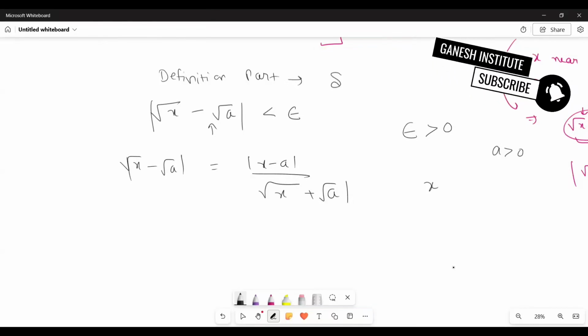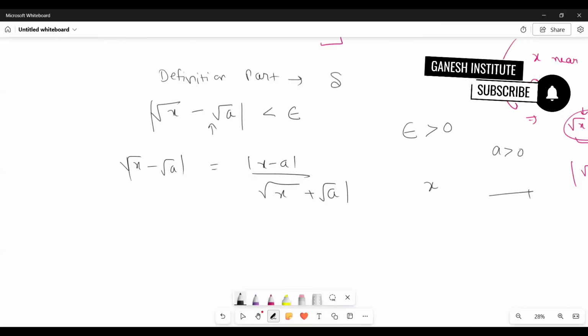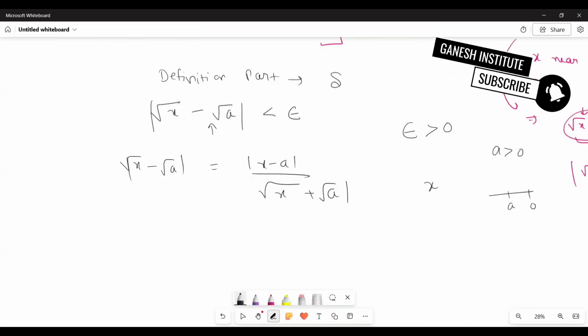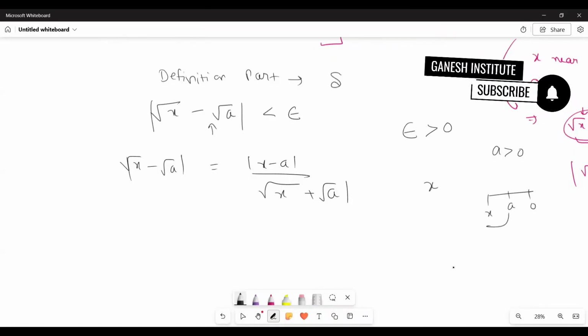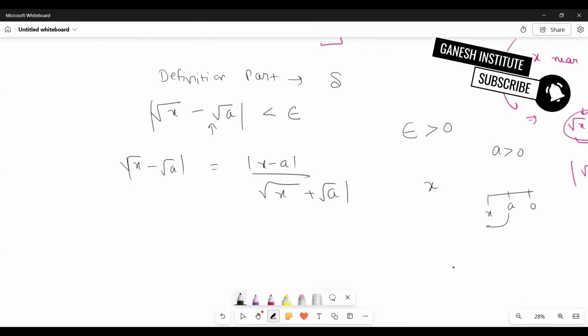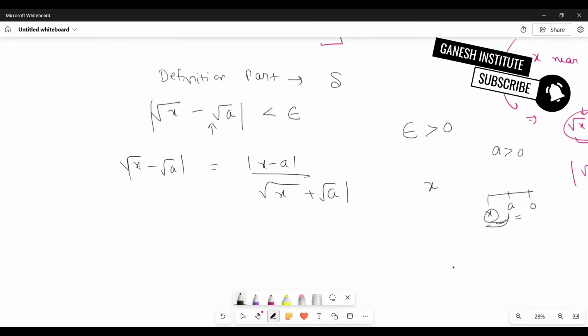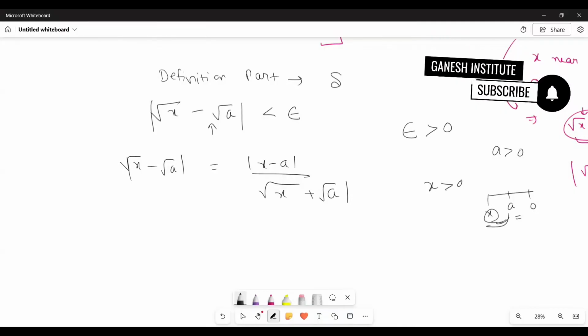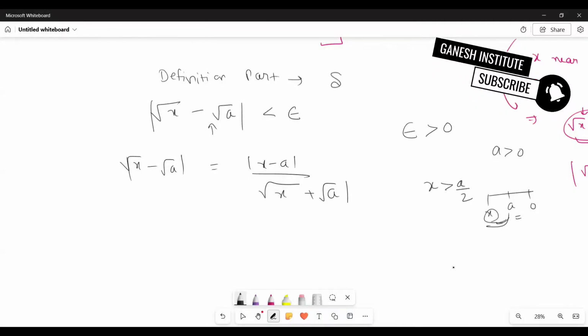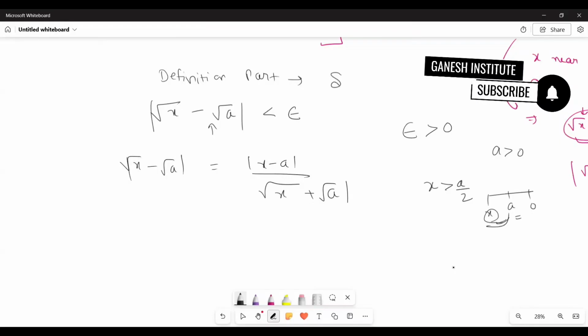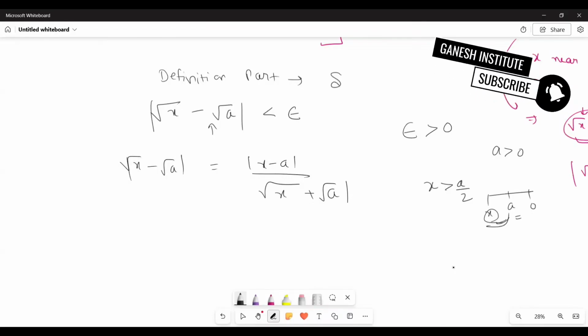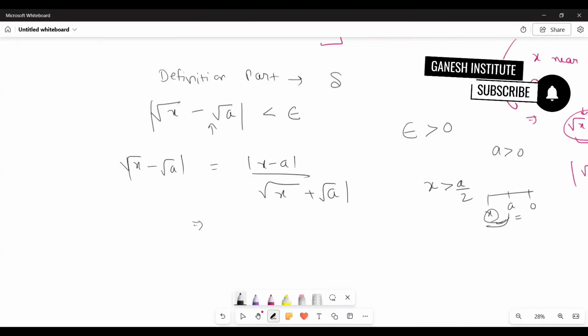Can you consider x as 0 is here, a is here, x a bit somewhat here. I know a is greater and x is smaller, but I can still make it x is greater than a by 2, right? Yeah.